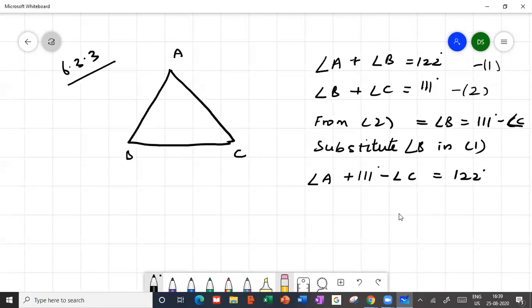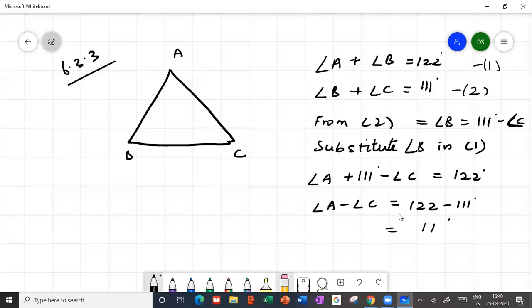So angle A minus angle C is equal to 122 minus 111, which is 11 degrees, correct?